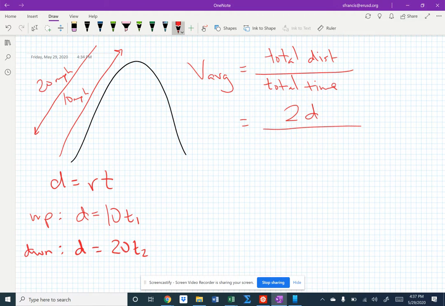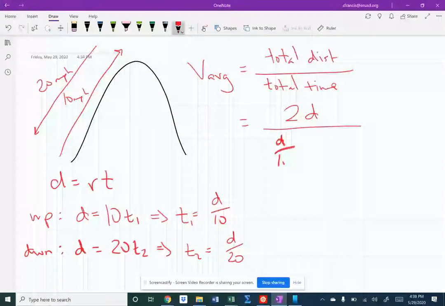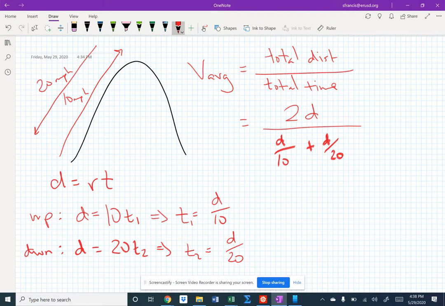The time it takes to go up, we can calculate over here. T sub 1 is going to be d divided by 10. And the time it takes to go down is going to be t sub 2, or d divided by 20. So the total time is just the sum of d over 10 plus d over 20. Now I could factor the d's from the denominator out, okay?